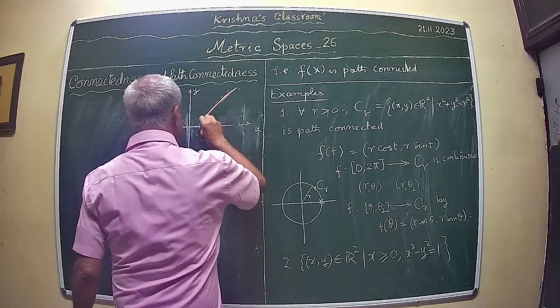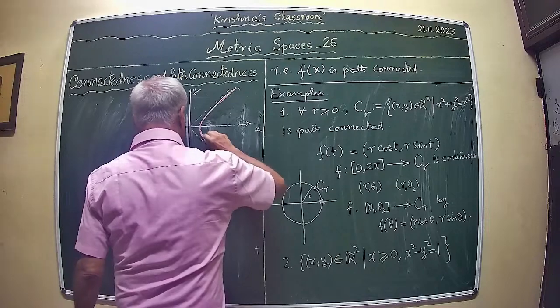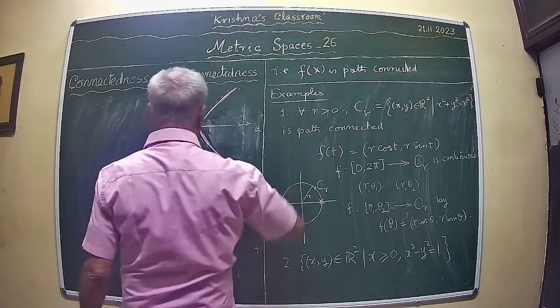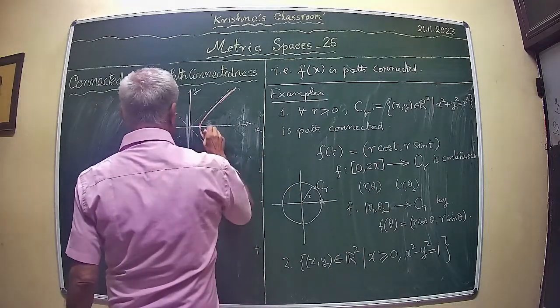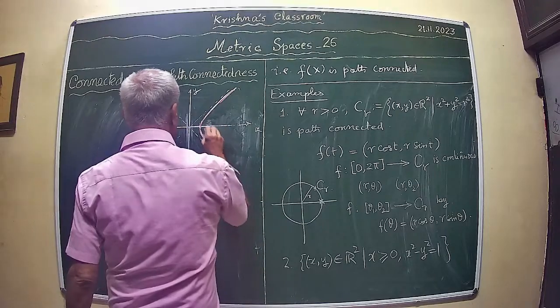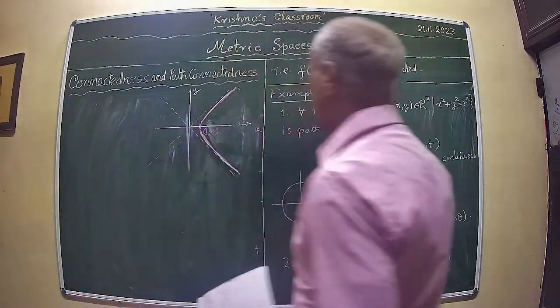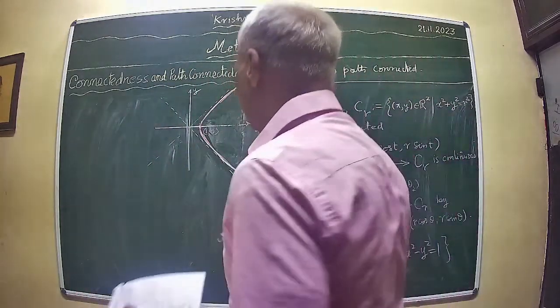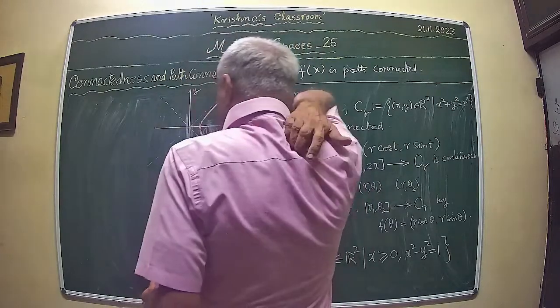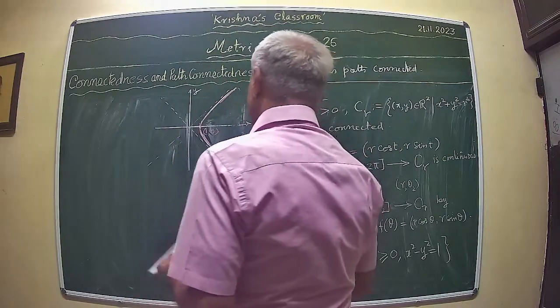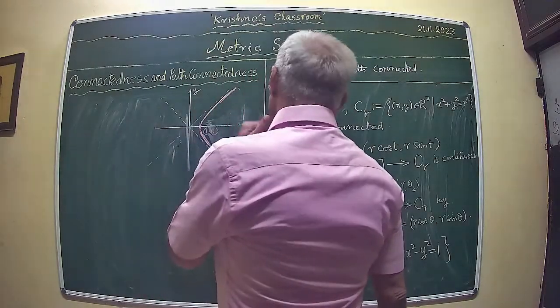This is a curve. Now this point is (1, 0). Asymptotes are x equal to y and x equal to minus y.